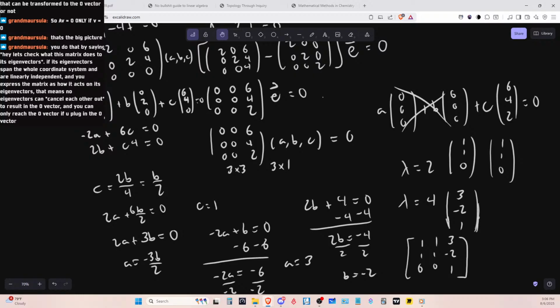Do you do that by saying, hey, let's check what this matrix does to its eigenvectors?